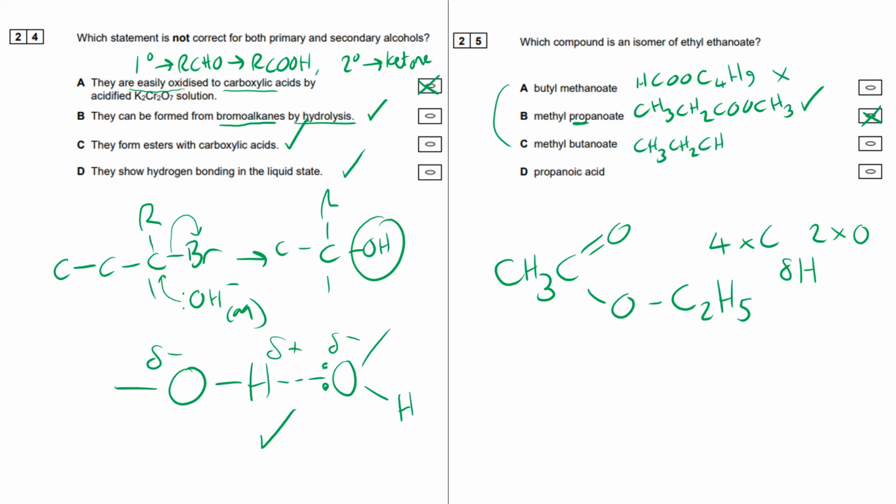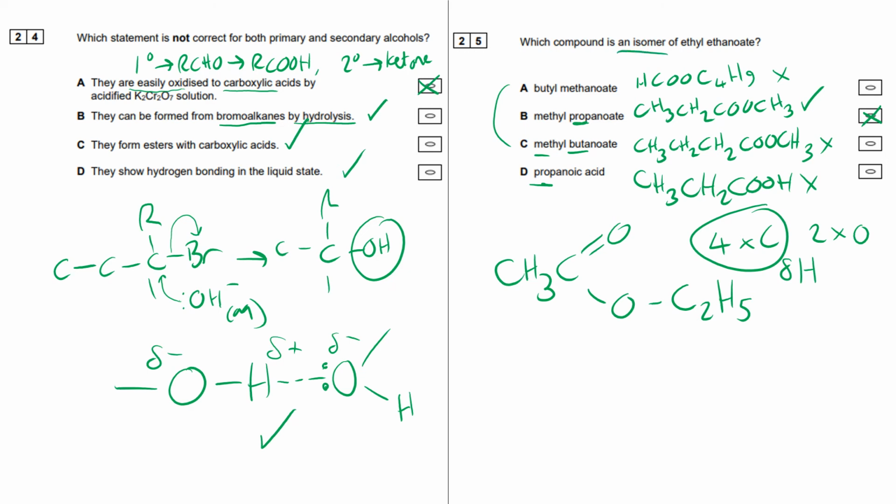You've got meth and but, so you're going to have 5 carbons there. That's not an isomer. And finally, propanoic acid just has 3 carbons in, not 4 carbons. So the only one with 4 carbons and the same formula as ethyl ethanoate, the only one that's an isomer, is compound B.